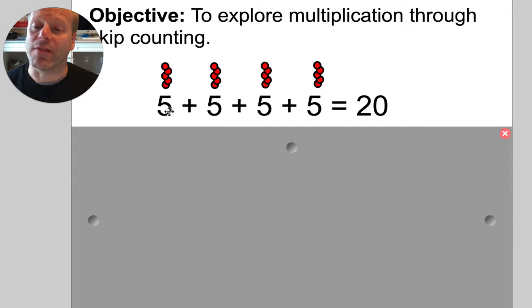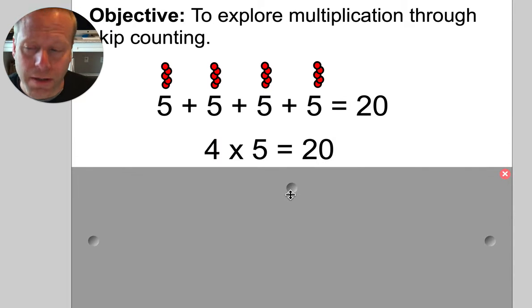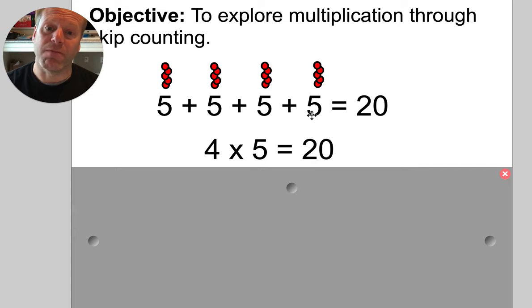In this case, we have a 5 and another 5 and another 5 and another 5 all being added together to give us our sum, soon to be a product. So we have 5, 10, 15, 20. 4 5s is the same as 20. 4 5s is the same as 5 plus 5 plus 5 plus 5.